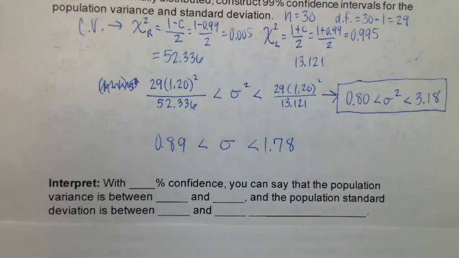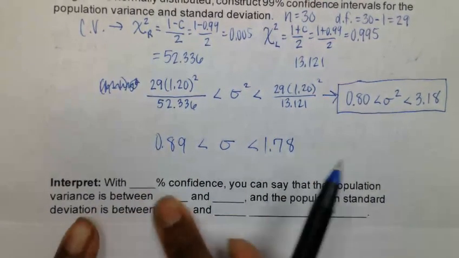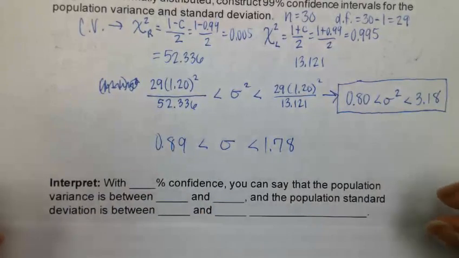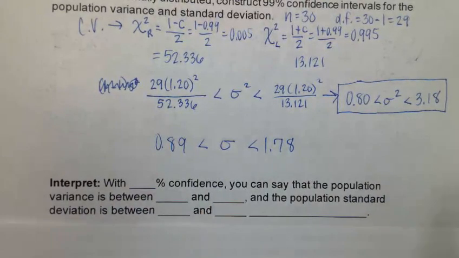All right, for your homework, you may have an interpretation, so I do want to give you one. This is the standard interpretation, and you plug in according to your problem.